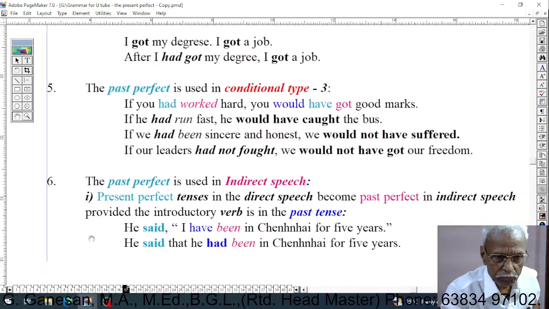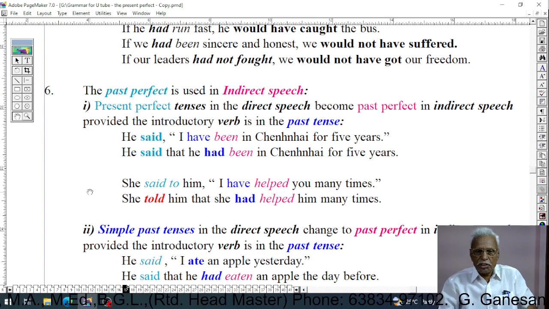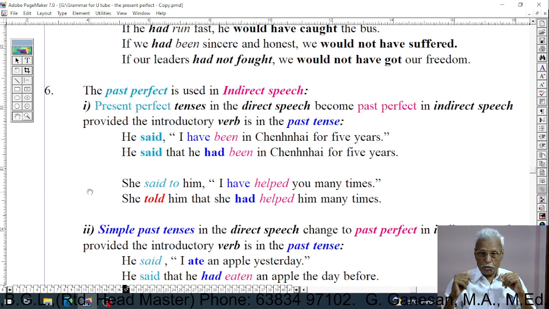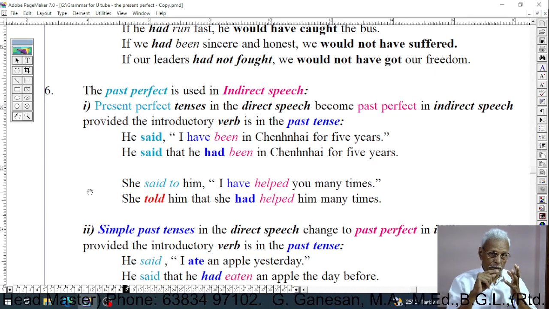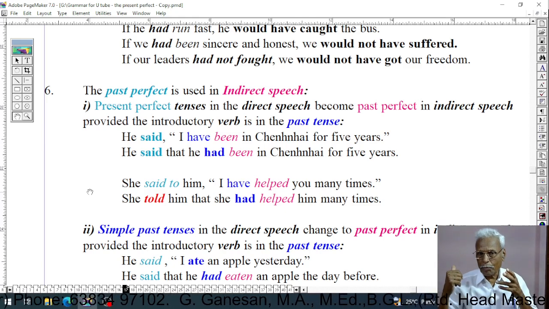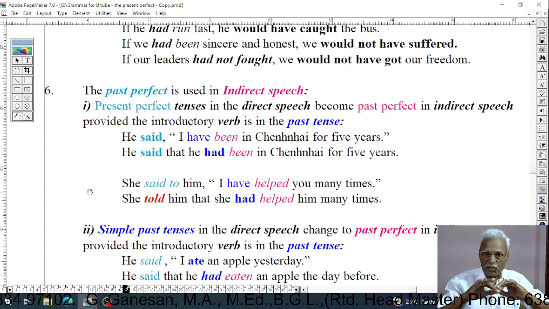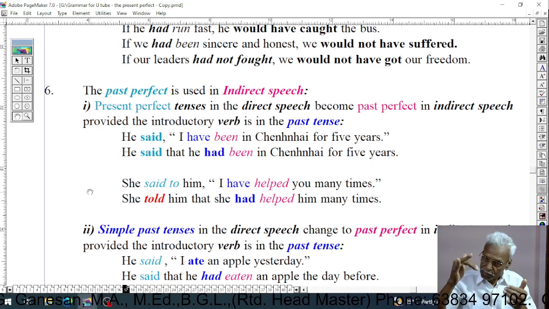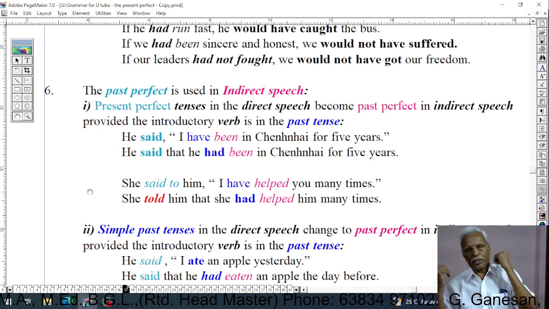Then the past perfect is used in indirect speech. In indirect speech, the present perfect is converted into past perfect in one way, and the simple past is also converted into the past perfect in the second way.